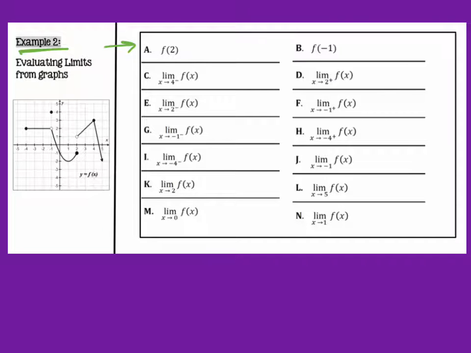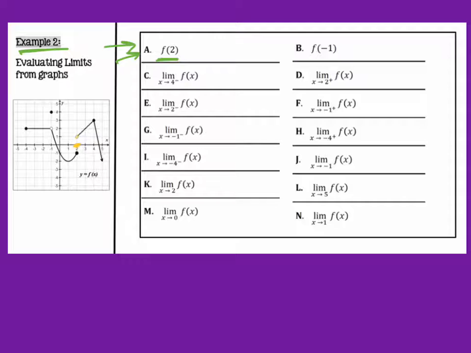So the first question, A, says what is f of 2, which means what is y when x is 2, right? So here's x is 2 right here. We have an open dot here and a closed dot here.